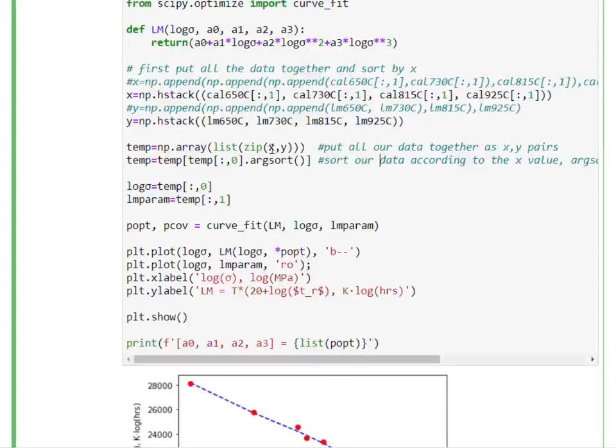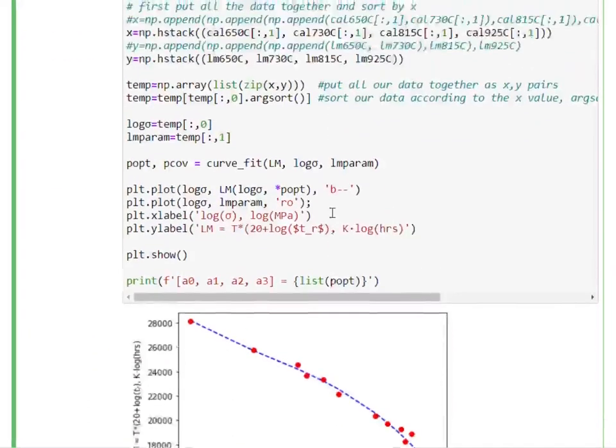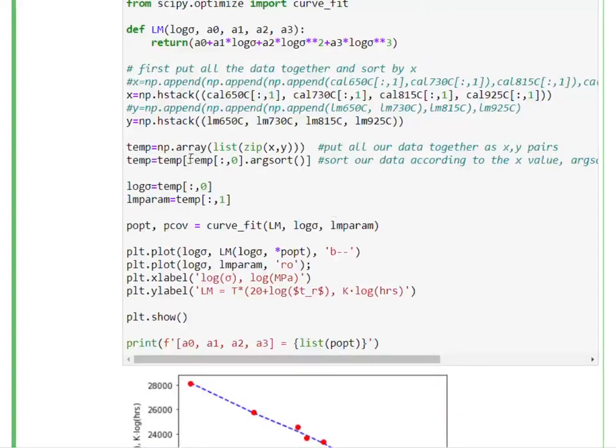All right, the next thing I want to do: since I just stuck this all together, the x values are going to be all out of order, right? I'm going to go from this one, this one, this one, and then my green's going to be over here. So I want to sort these by their x values. This is the x values, the 0 position for my temporary array, which has these pairs.